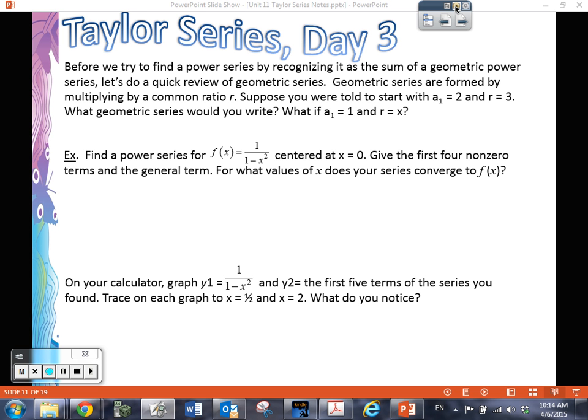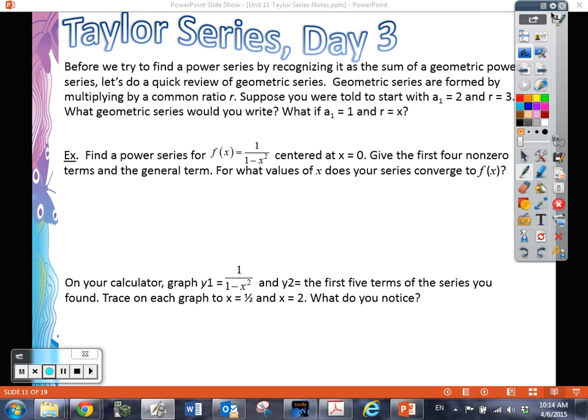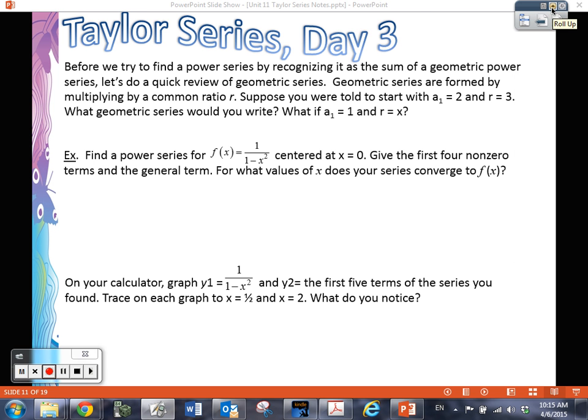So before we start in, let's remind ourselves about geometric series. Let's look at a couple of formulas. One that we used in pre-cal quite frequently, which was actually causing some of us to have some issues: a sub n equals a times r to the n minus 1. This was very common with pre-cal, and this is when n started at 1.